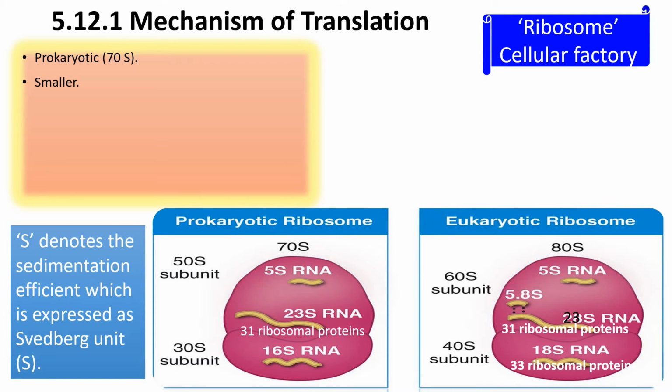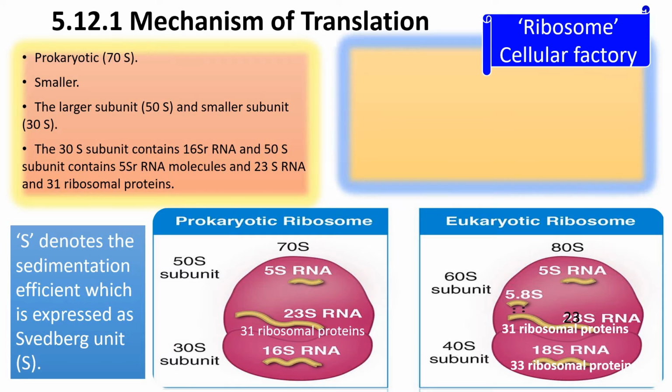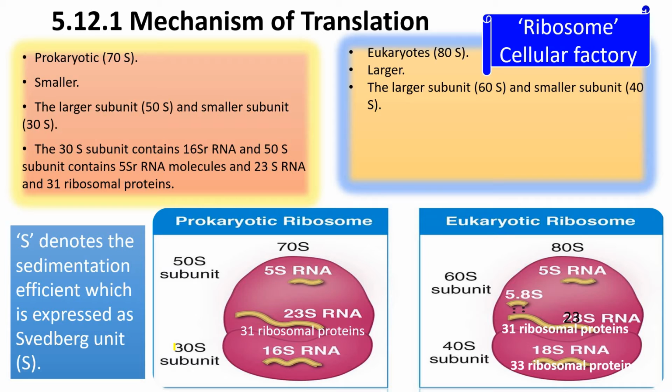Now, we have two types of ribosomes: one in prokaryotes and another in eukaryotes. In prokaryotes, the ribosomes are 70S. S represents the sedimentation coefficient, which is expressed as the Svedberg unit. The ribosome in prokaryotes is smaller, but in eukaryotes it is larger.